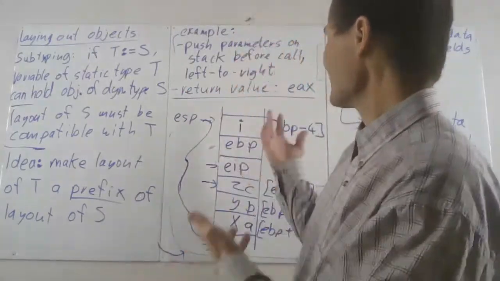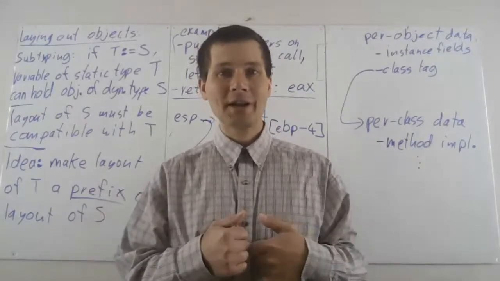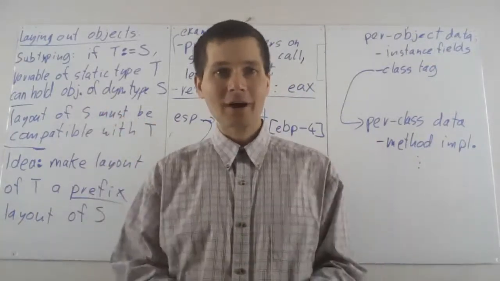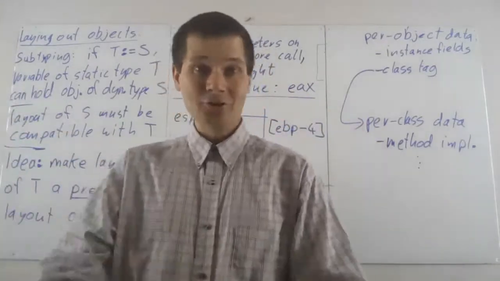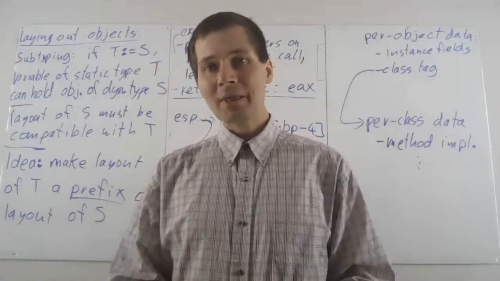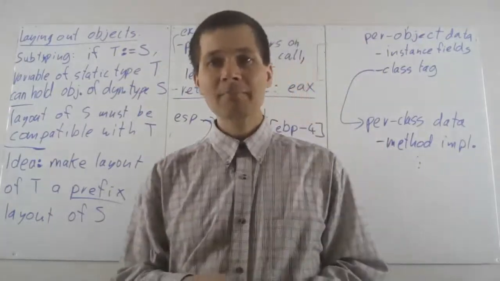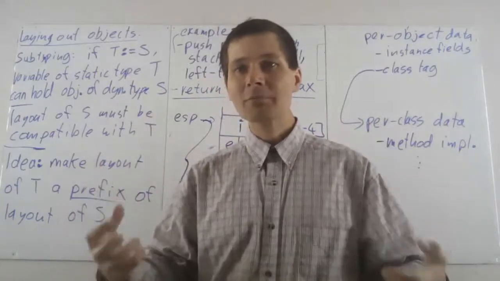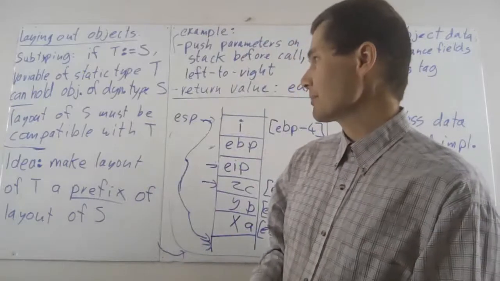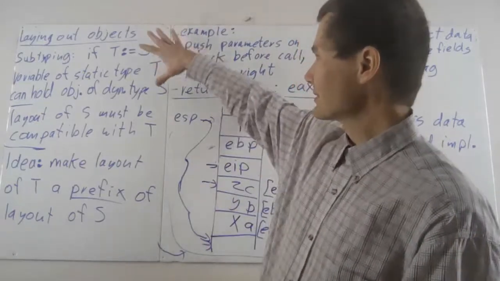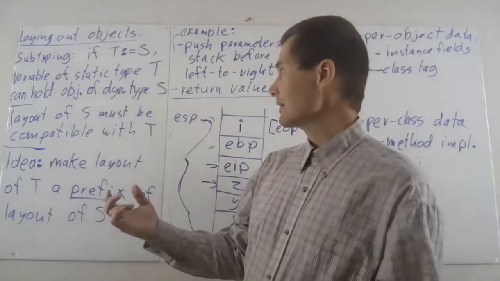So where were we? We were looking at code generation and how to lay out Java and Juice data in memory, and we specifically got to objects. The key problem that motivates our design of the memory layout is subtyping.